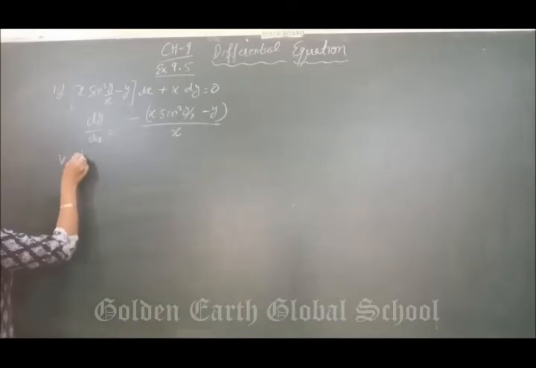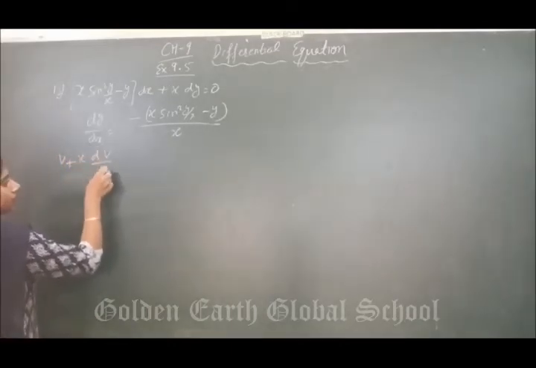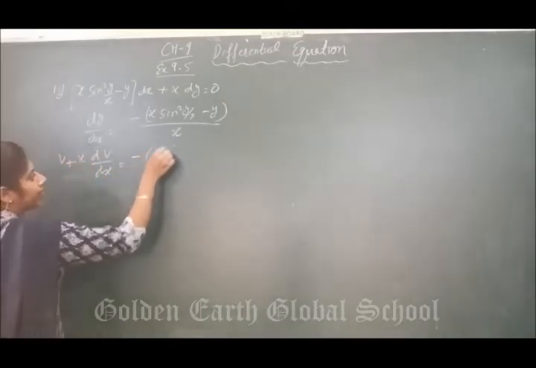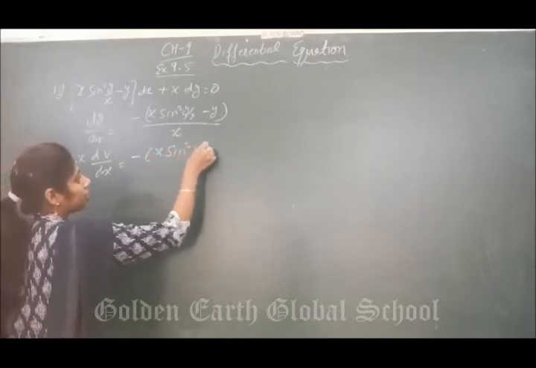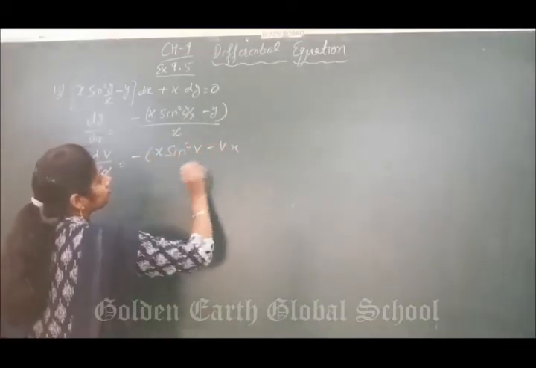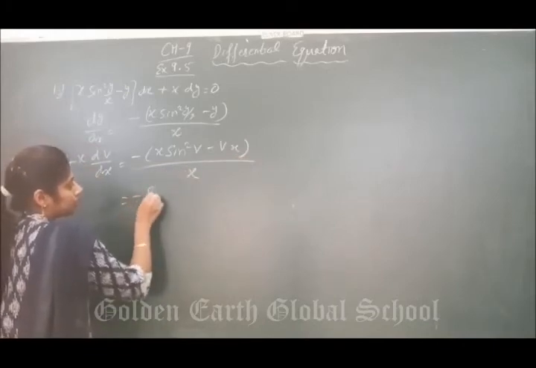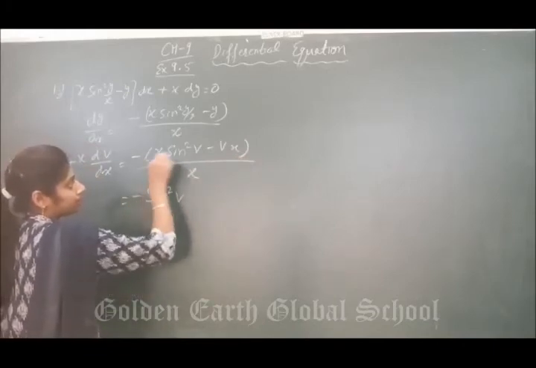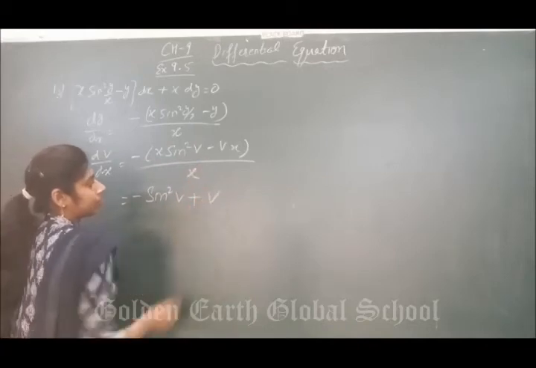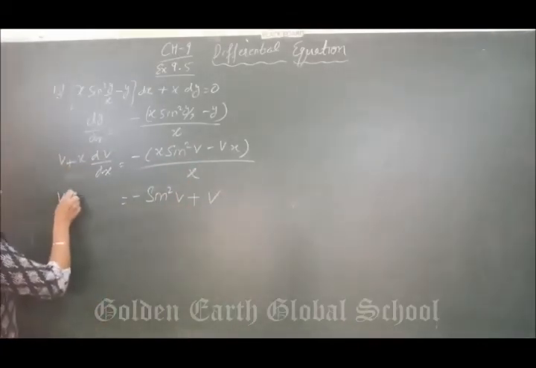So v + x dv/dx equals (−x sin² v − vx)/x. Take x common. So −sin² v − v plus v. v will be cancelled.